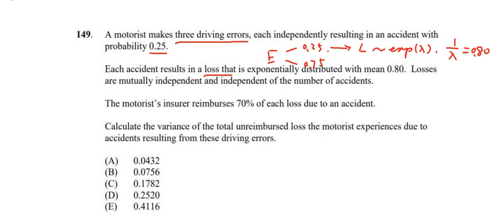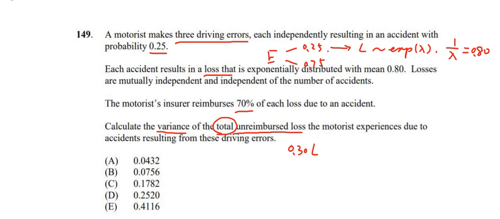Okay. So for payment, it's not just the L, the payment is 70%. So what we want to find is the values of the total unreimbursed loss. So this is actually the 30%, right? 30% of the loss. So we want to find the values for the total. The total depends on how many losses, how many car accidents happen.